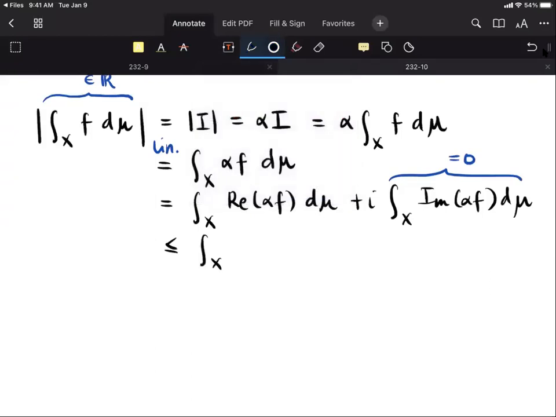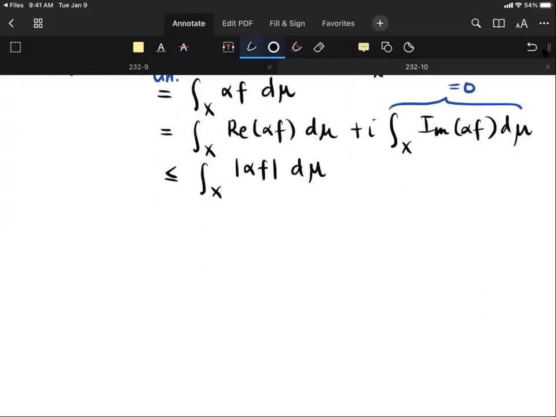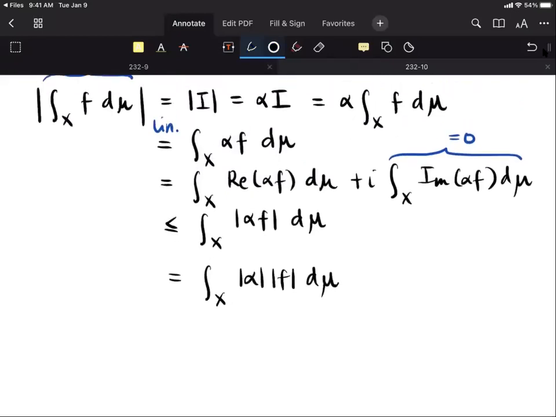So we can now estimate the real part is less than the modulus. And then the modulus of the product is the same as the product of the moduli.